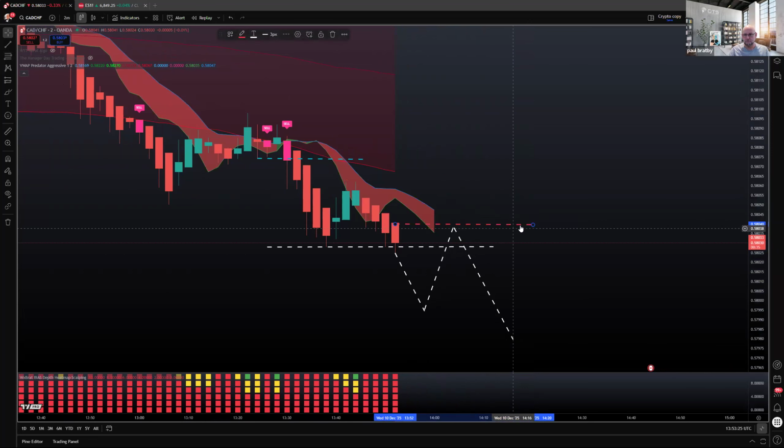Just pivot hopping, but it's got to break the low pivot, or the ribbon turns green, we get out. But right now, there's no risk on this trade.